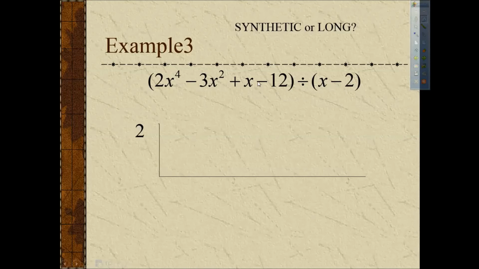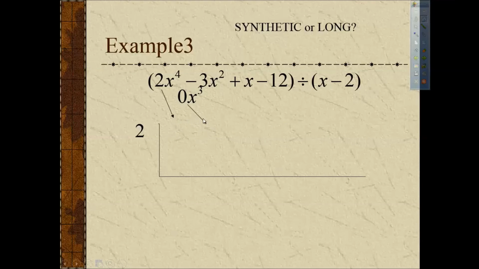Now remember, these coefficients are going to come down and go inside the framework. Coefficient of x to the fourth is a 2. Now wait a minute. If we look closely here, there is no x cubed term. So we could say that the coefficient of x to the third is 0. And that's going to be important when we do our synthetic division. We want a column for every power of x.